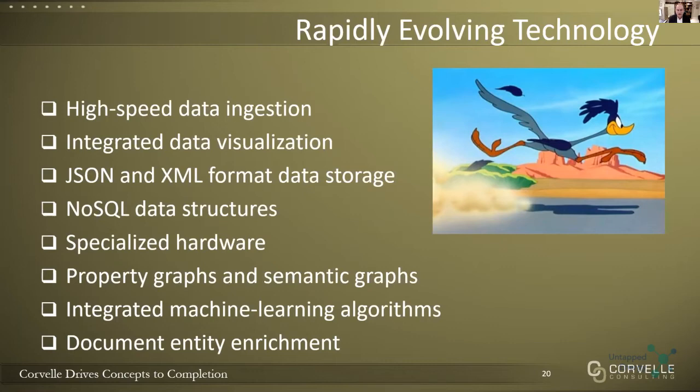Integrated machine learning algorithms, offering algorithms as part of the database rather than forcing customers to develop their own. That adds a lot of value for customers by reducing development effort. Document and entity enrichment, that means parsing unstructured data for entity values and storing that as structured data.